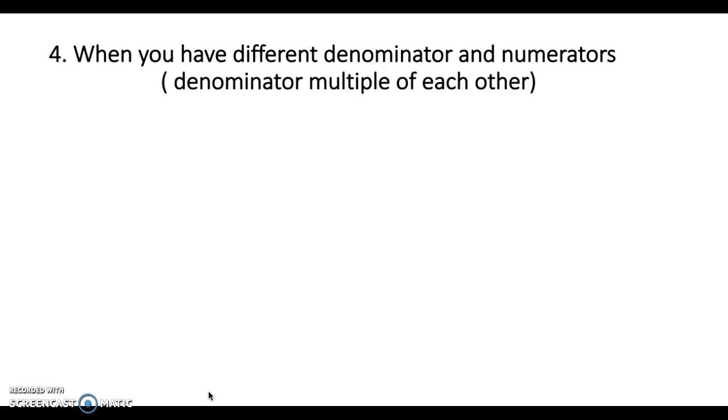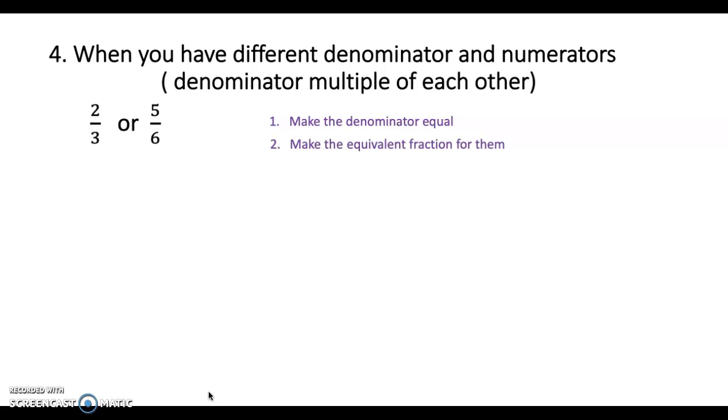The next case is when the bigger denominator is a multiple of the smaller denominator. In this case also we have to make the denominators the same, and after that we make the equivalent fraction. Now see this one: 2 over 3 and 5 over 6. Look at the denominators, 3 and 6. 6 is a multiple of 3, right? Is the bigger denominator a multiple of the smaller denominator?